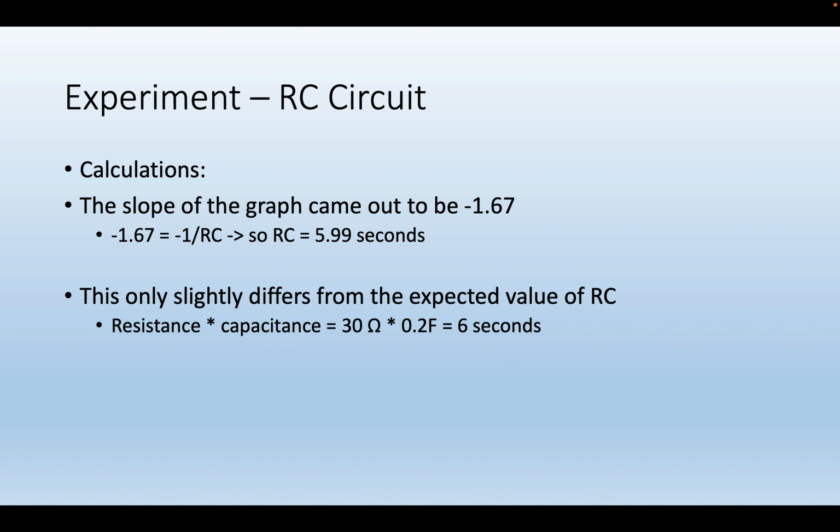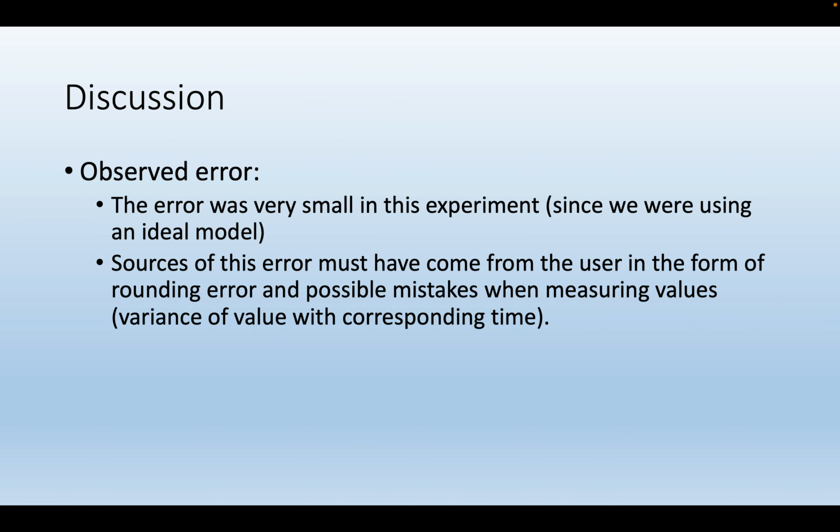With our calculations, we found the slope of the graph to come out to negative 1.67. Using this, we can find our RC constant by saying negative 1 over RC equals the slope. We found that there was only a very slight difference from the expected value of RC, which was 6. So the observed error was very small, and this is likely because we were using an ideal model. Any error must have come from user error, such as possible mistakes with measuring values.